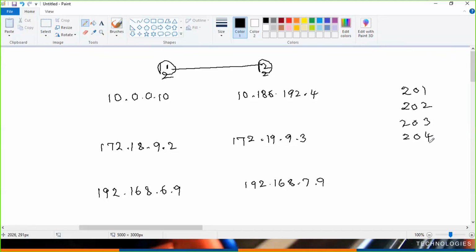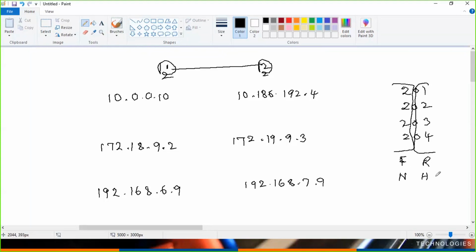Excellent. So 203 means second floor, room number 3. So here, what does 2 indicate? Floor number. And 01, 02, 03 indicate what? Room numbers. So the floor is similar to your network portion, and the room is your host portion.